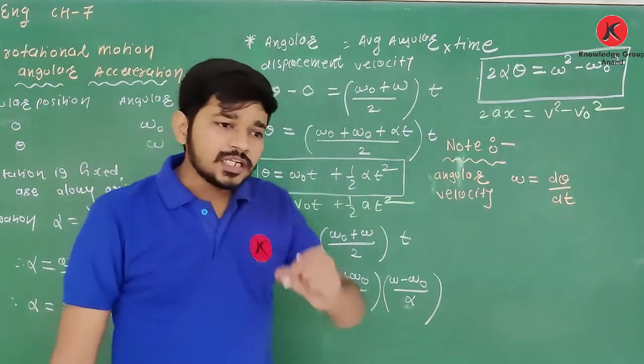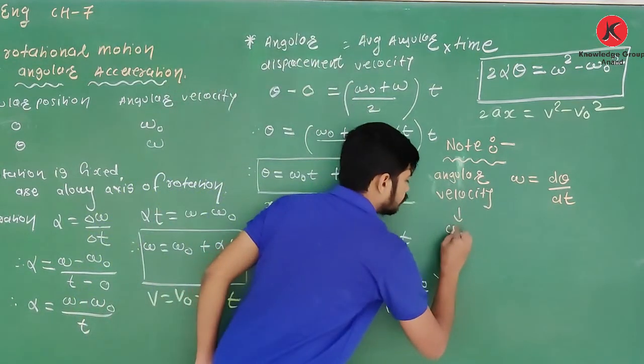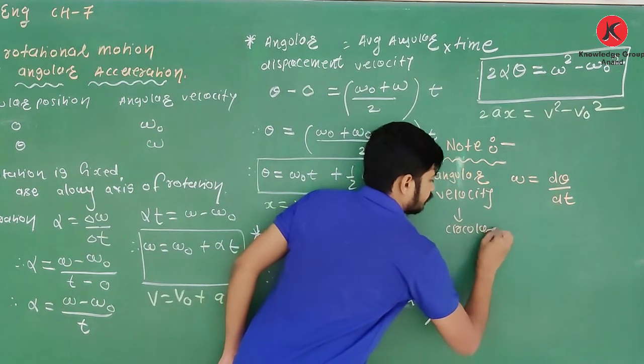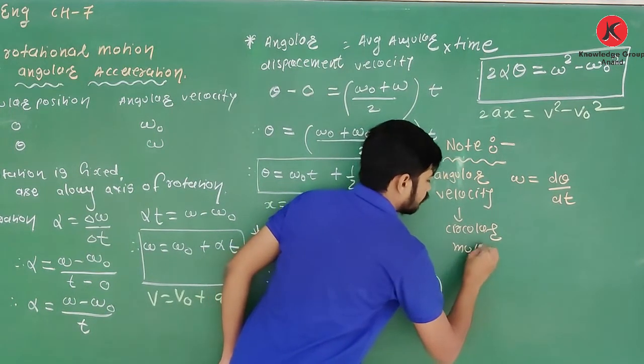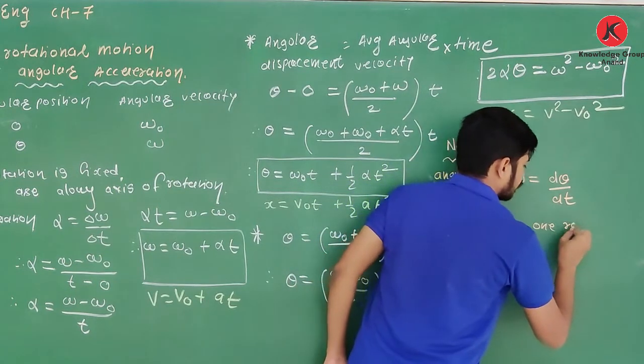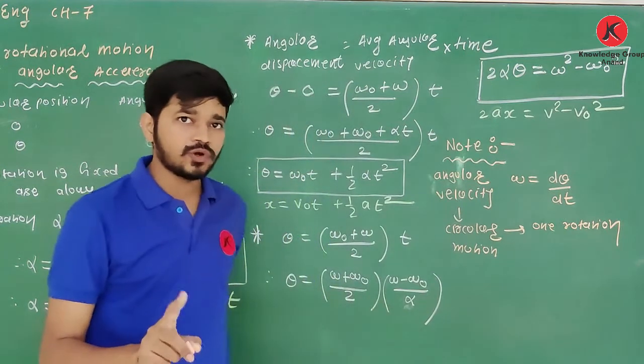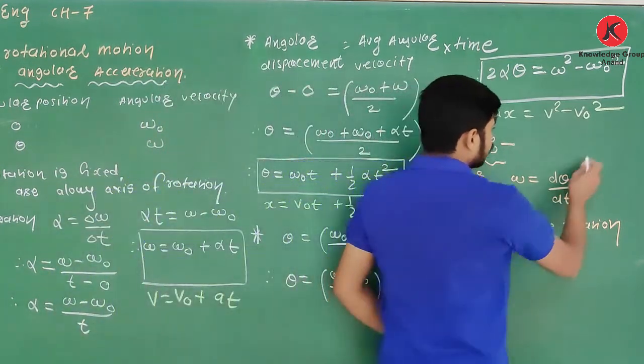Now whenever a particle performs circular motion, for that circular motion, we know that for one rotation, for example, it is a circle.